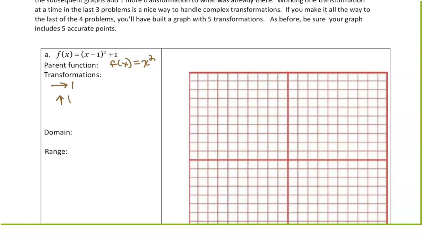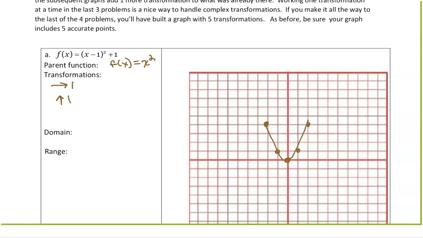Okay, that's really easy. So let's draw the parent function. Okay, and then I'm here. 2, 1, 2, 1, 2, 3, 4. Okay, so here's my basic parabola.